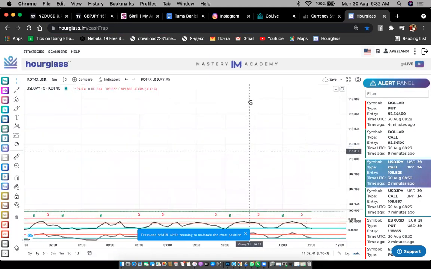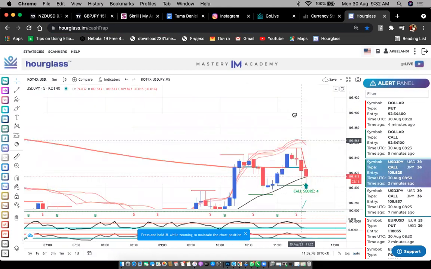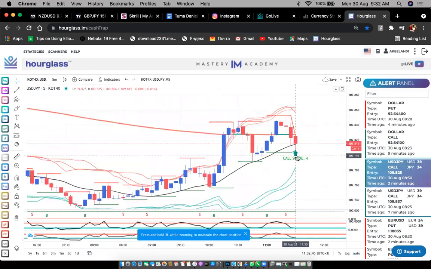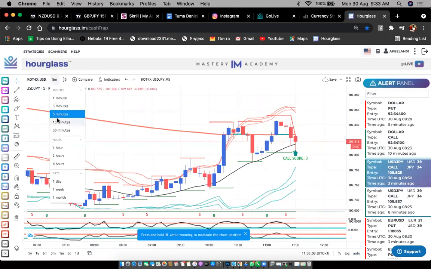At that point, you should have more than 4 points. Okay, look at it. Can you see immediately price hits the green? That's a 5-point trade. And it started going on. Can you see it? Yes.